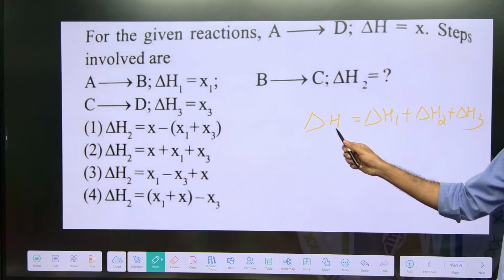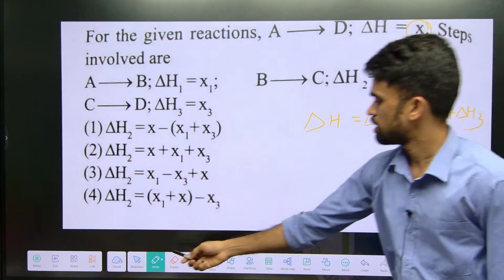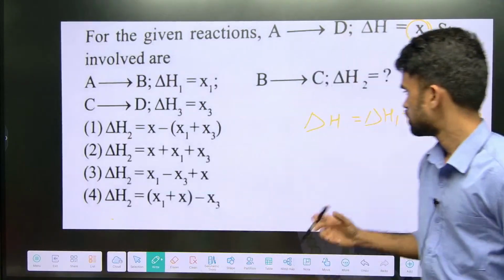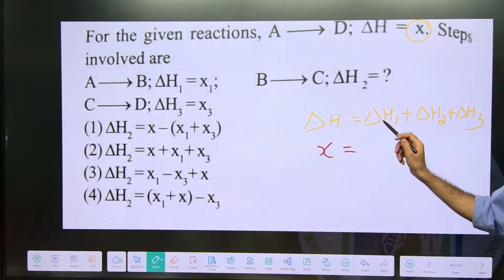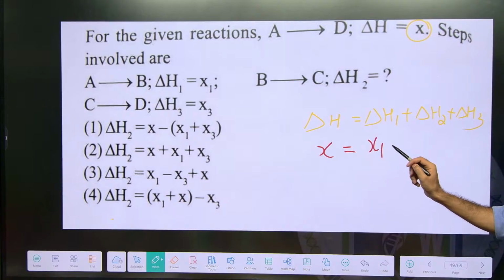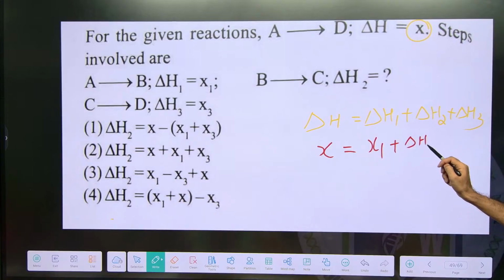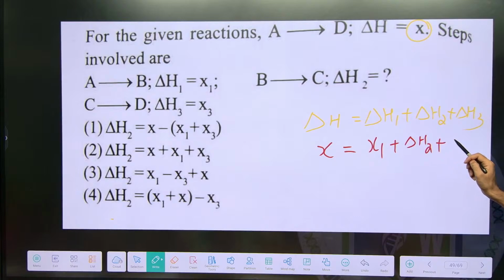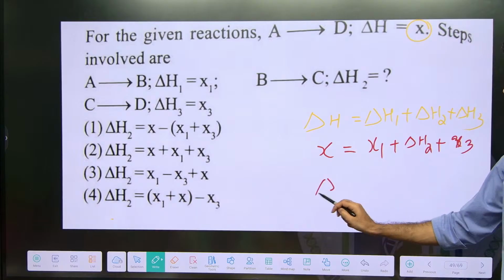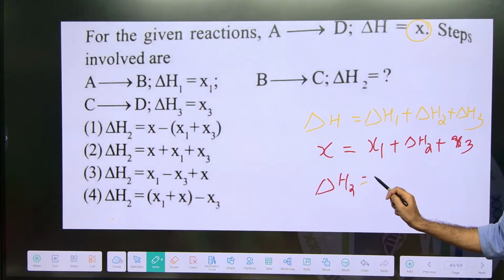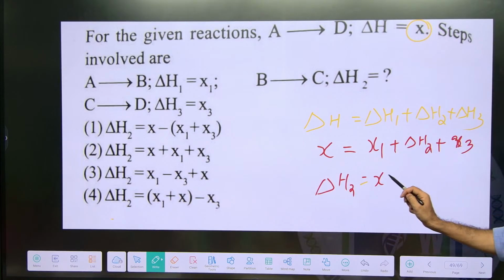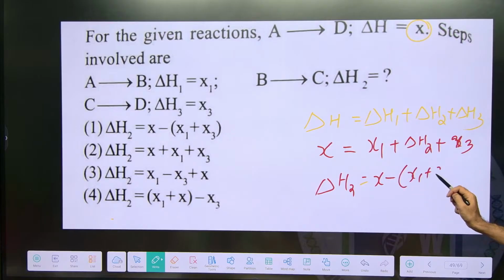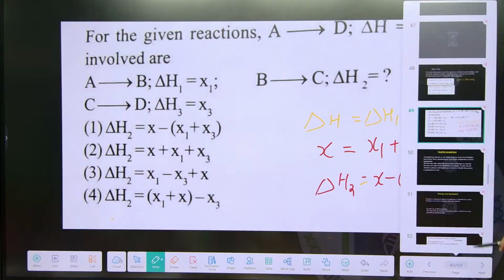So for delta H they are saying it as X. H1 is X1, H2 we need to calculate, H3 is X3. Now I want H2, which means X minus of these two things, minus of X1 plus X3. That's it.